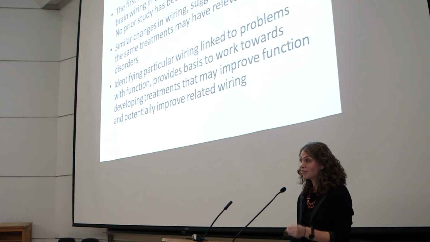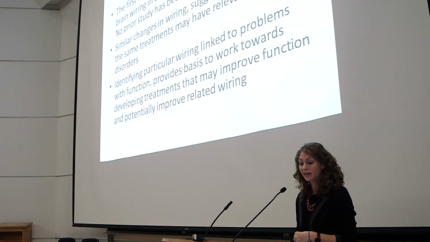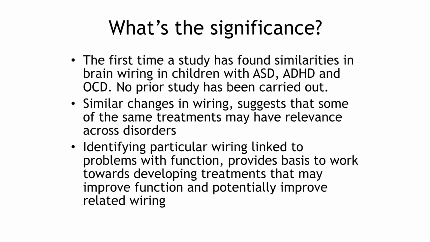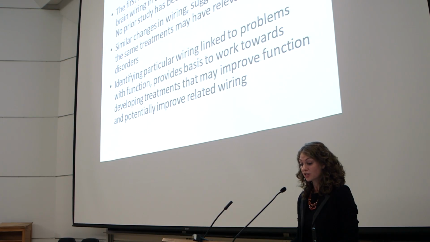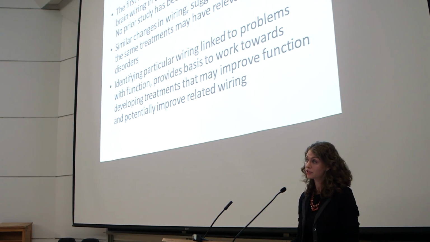So the significance of this study is it's the first time a study has found similarities in brain wiring in children with ASD, ADHD, and OCD. No prior study has been carried out in this way yet. Similar changes in wiring suggest that some of the same treatments may have relevance across disorders.